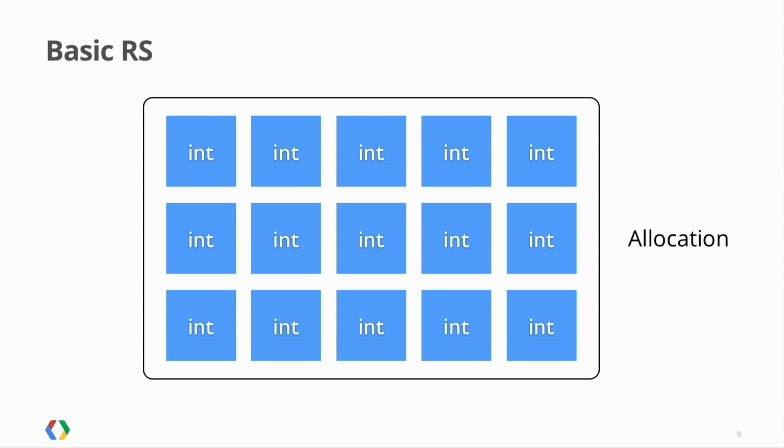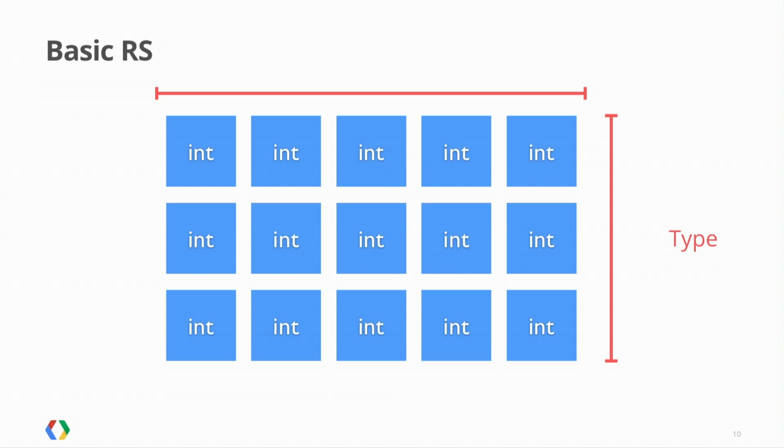And an allocation has one other important aspect, and that is the type. The type is essentially the size of the allocation along with the element used within that allocation. And we use this for two things. First of all, we use it to do safety checking on copies and kernel launches and things like that, to make sure that you don't try to copy an allocation of floats onto an allocation of chars because it won't fit.